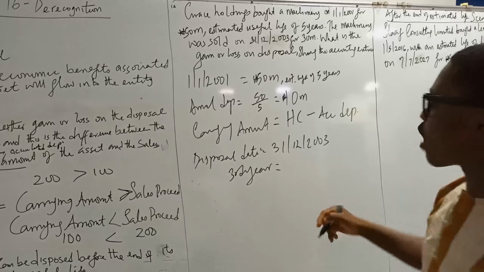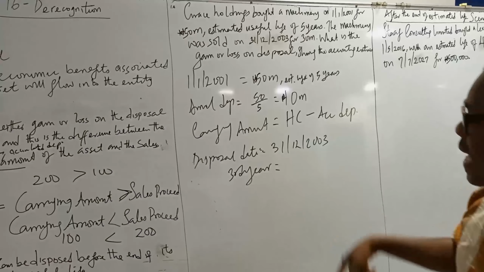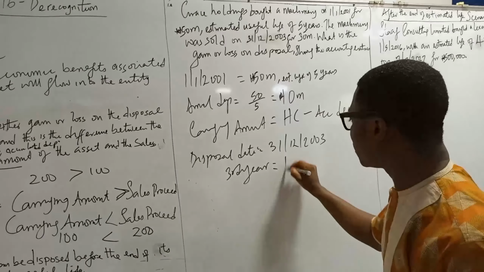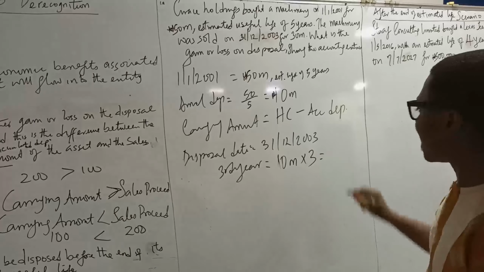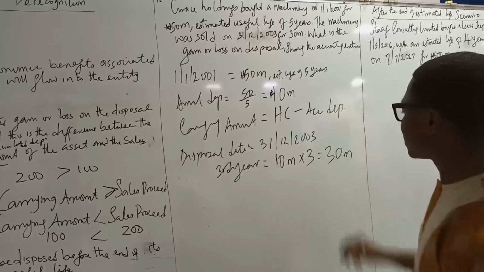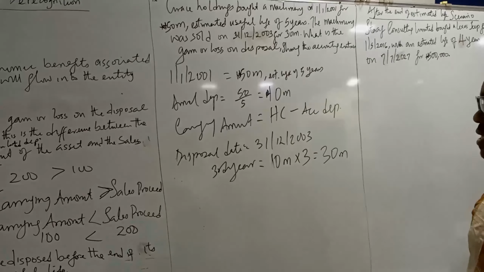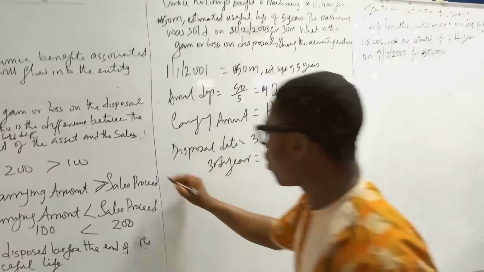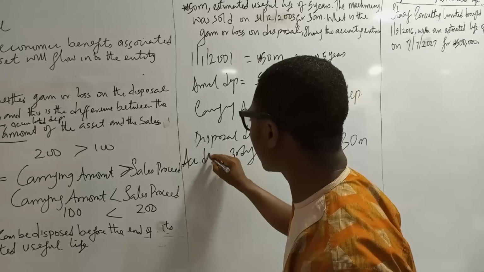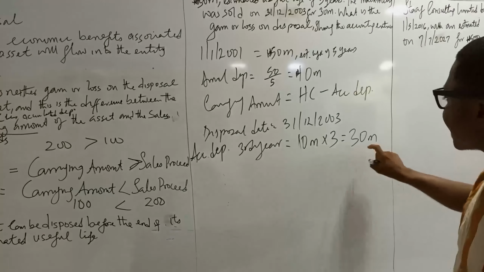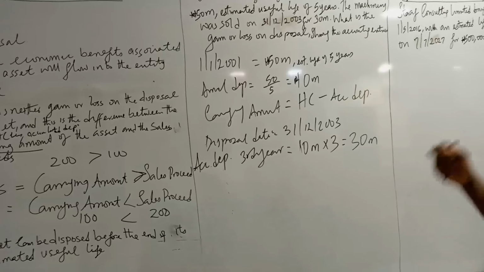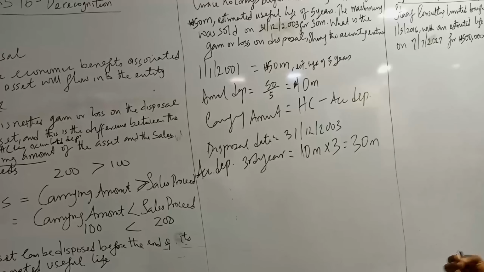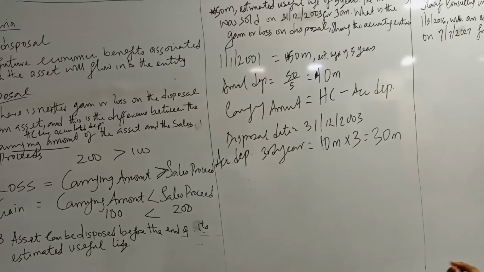That would mean that the accumulated depreciation at the end of the third year will be 10 million naira multiplied by 3. That is 30 million naira. We are trying to calculate our carrying amount as at the date of disposal.